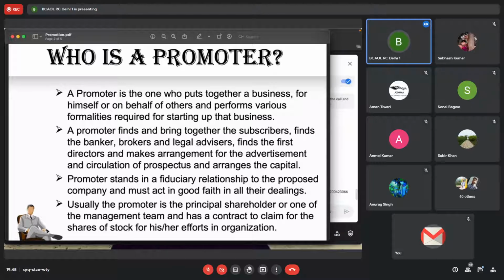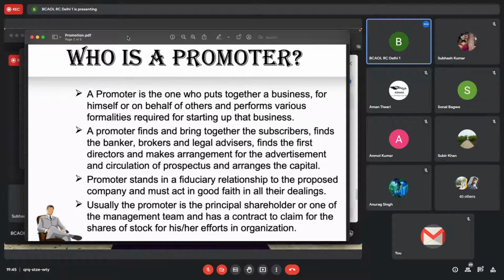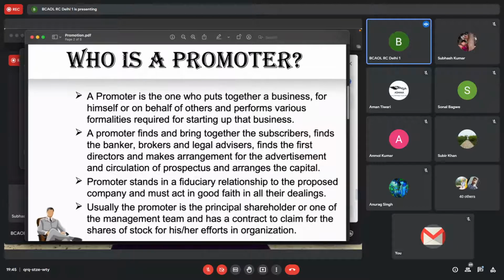Like I said, entrepreneur and promoter are used interchangeably, but there can be a little difference: an entrepreneur can hire a promoter to create his company, and vice versa. A promoter can be an entrepreneur as well.